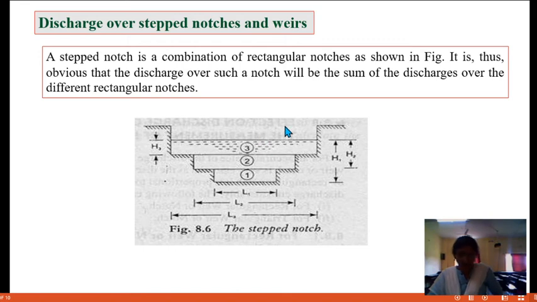Let's see by the diagram. This is step 1, step 2, step 3. This is the length L1 of the rectangular notch, this is the length of notch 2, and this is the length of notch 3.